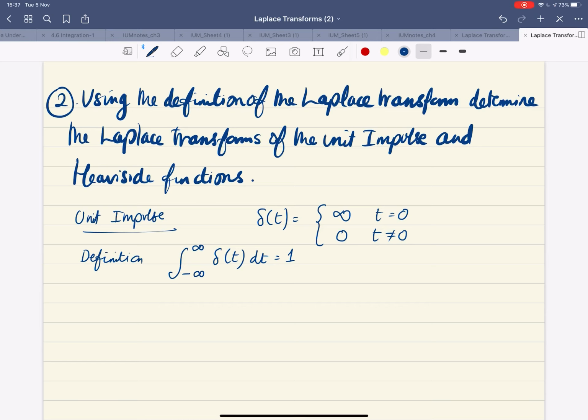Okay, and then we use the sifting property. We will be using the sifting property as well for this one.